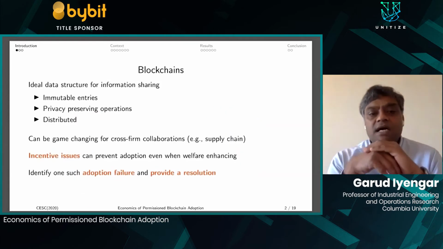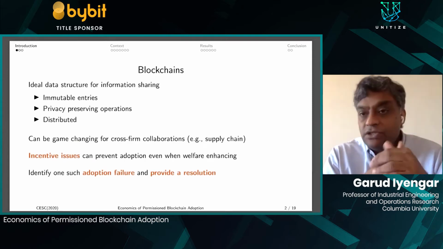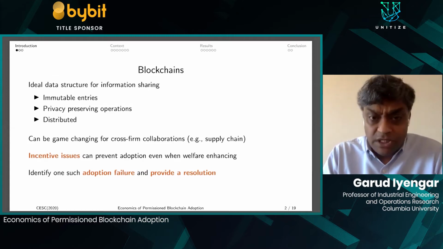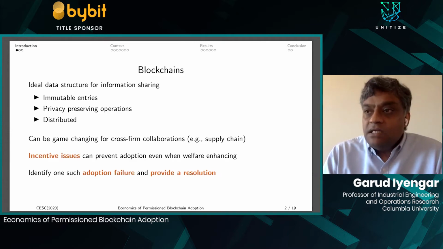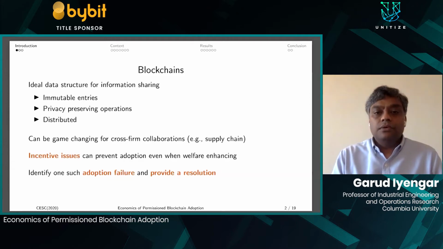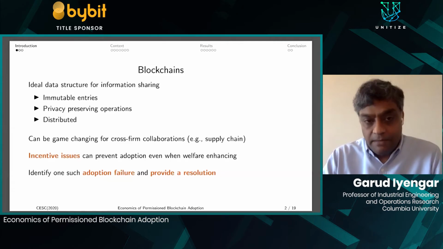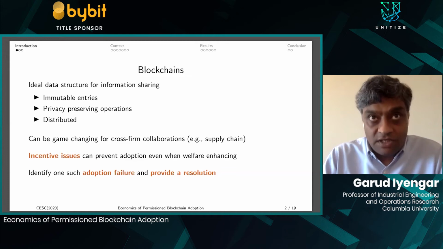Blockchains are an ideal data structure for information sharing. They provide immutable entries, which means that there is an audit trail for everything that has been done. In particular, permission blockchains are better because the entities that are providing the consensus are in fact connected to physical entities, which means that you can actually put a name to them. There are privacy preserving operations that you can do on the data, such that only certain parts of the data, and often only certain functions of the data, are visible.